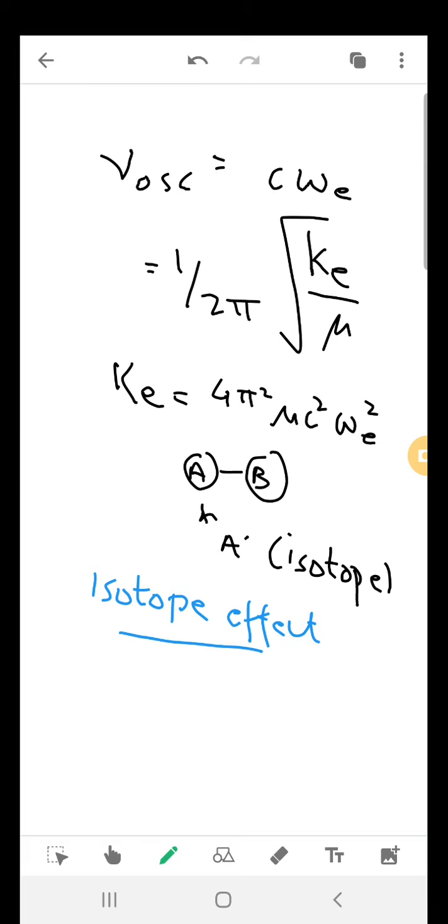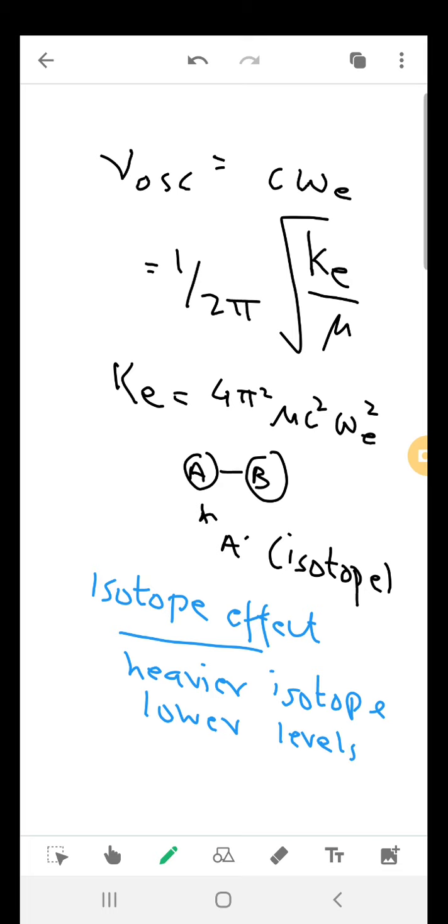Due to the isotope effect, the vibrational levels of the heavier isotope have lower levels. That means G dash(V) for the heavier one should have energy values less than G(V) of the non-isotope one.